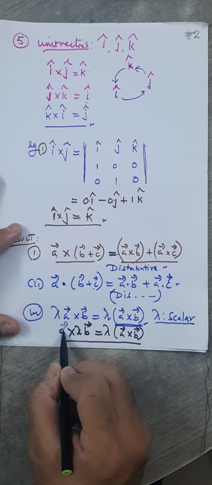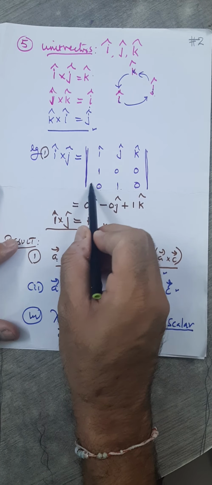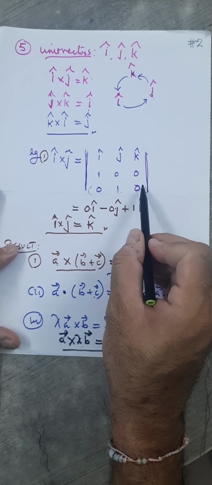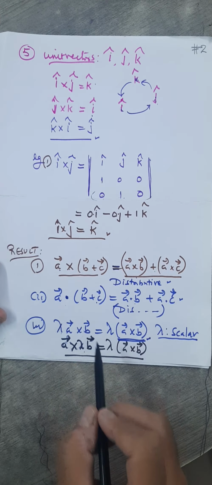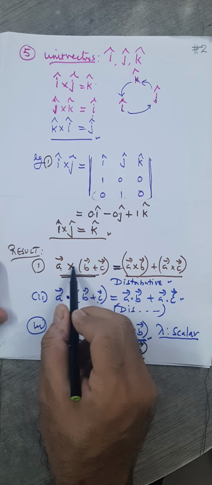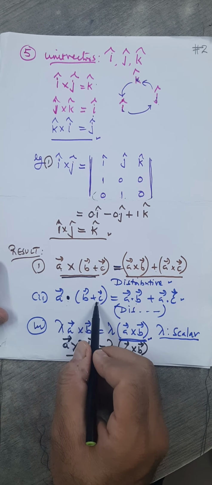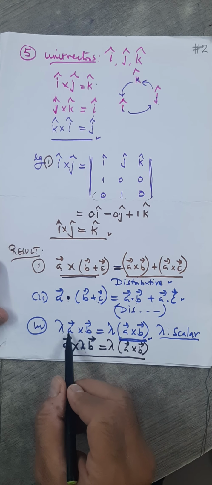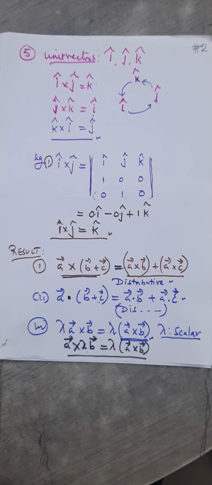That way you can use this property. What's the meaning of this? Lambda is common here in the third row. And you know, if you have some constant common in any row or column in the determinant, you can take it outside. So one is distributive of cross over the addition, distribution of dot product over the addition, and if you have a scalar common with one vector, you can take it outside, remember. Okay, now the next point is here.